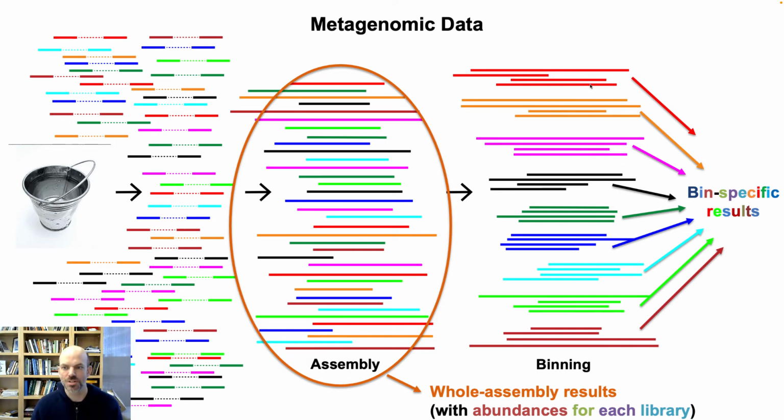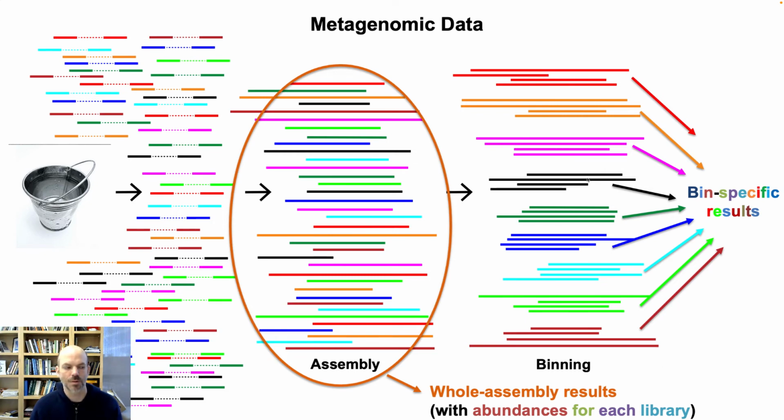Right? So on a species-specific level, we can look at differences in abundances of individual proteins, even if those proteins essentially have the same name or they belong to the same pathway. It's just a long way of saying that we can report these results on the level of the whole assembly, which is the whole community from that sample, or by doing binning, we can report these results for each on a species-specific basis.